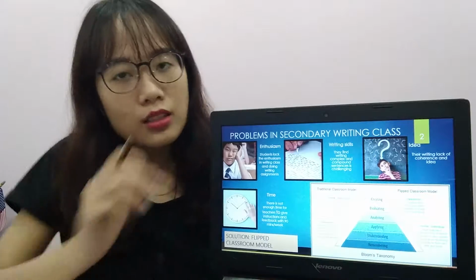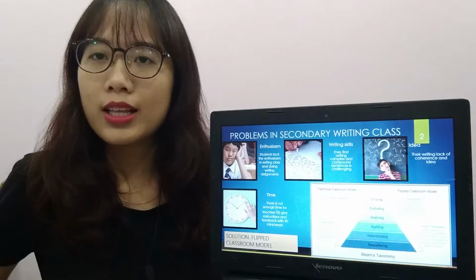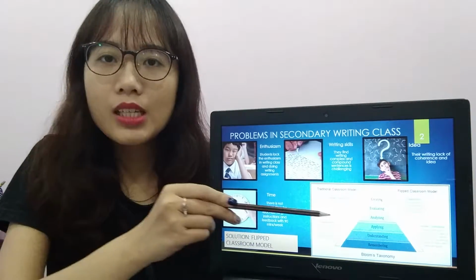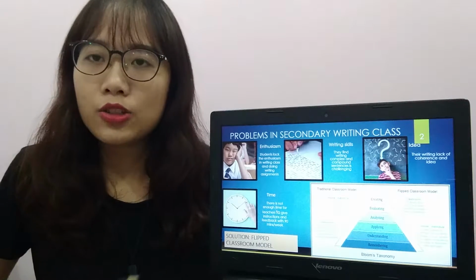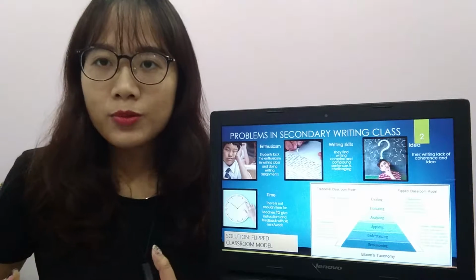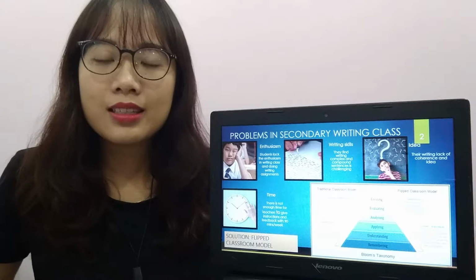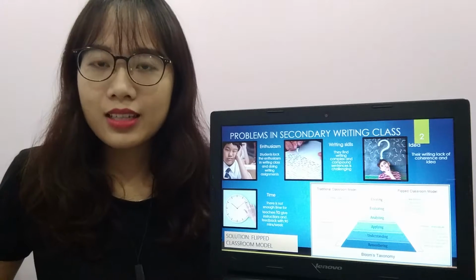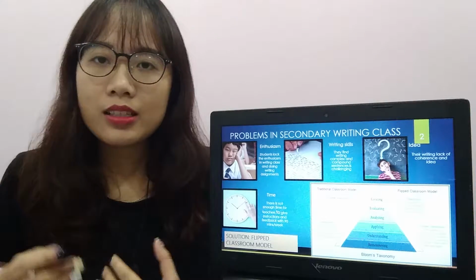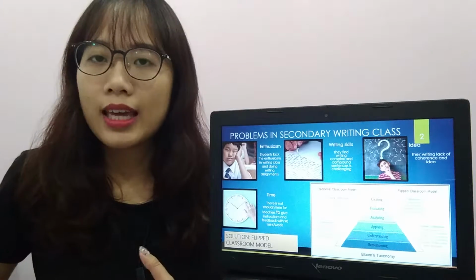So I suggest a flipped classroom approach to teach writing. In this small picture here, Cong and Connie in 2014 explained the flipped classroom through Bloom's taxonomy. With a traditional classroom, students often spend class time for remembering, understanding and applying, and then they spend time at home for analyzing, evaluating and creating.